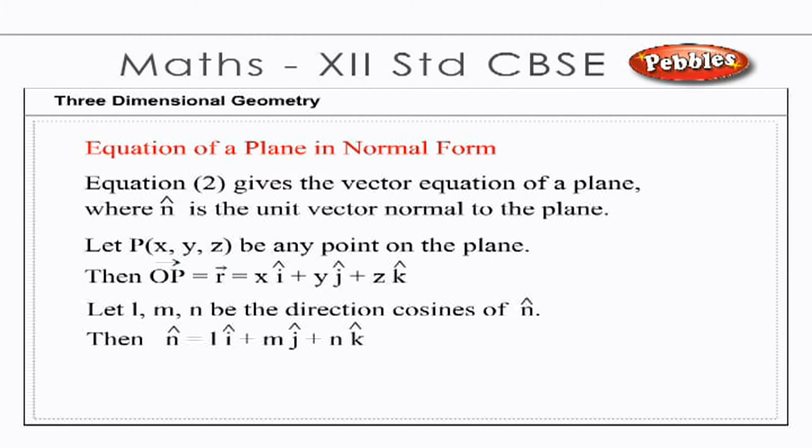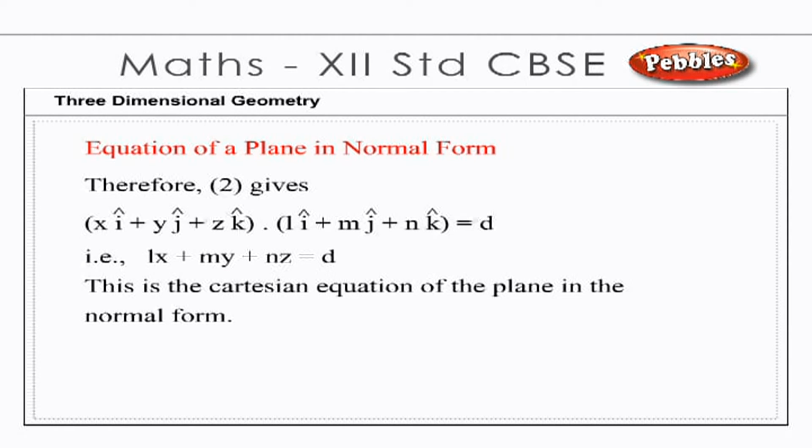Then n cap = l i cap + m j cap + n k cap. Therefore, 2 gives (x i cap + y j cap + z k cap) · (l i cap + m j cap + n k cap) = d. That is, lx + my + nz = d. This is the Cartesian equation of the plane in the normal form.